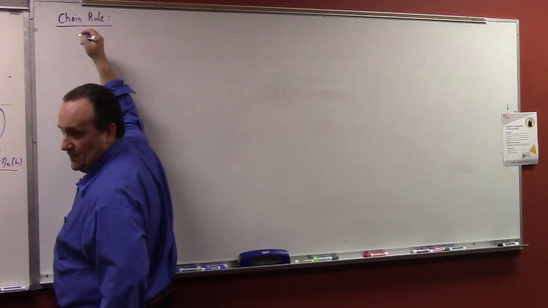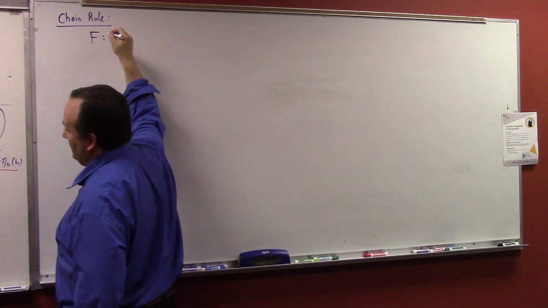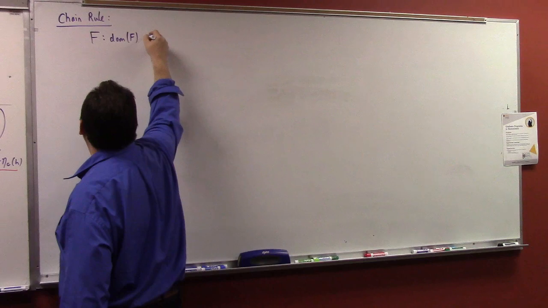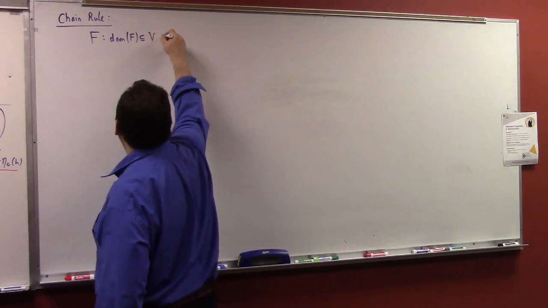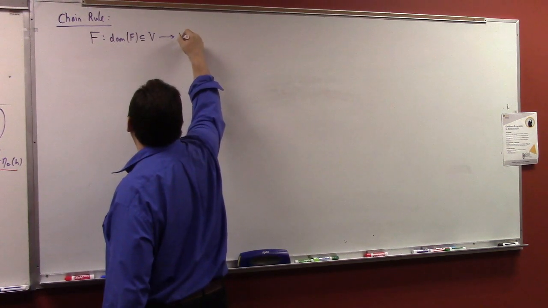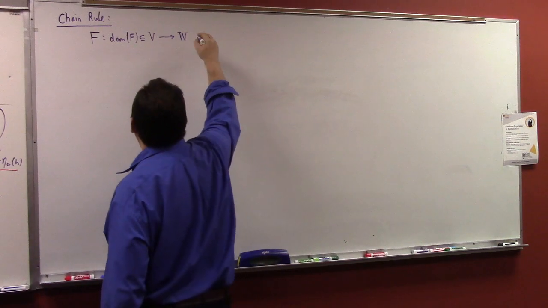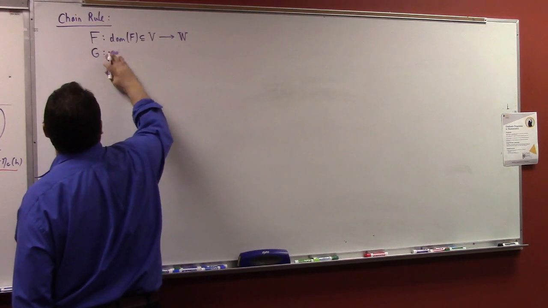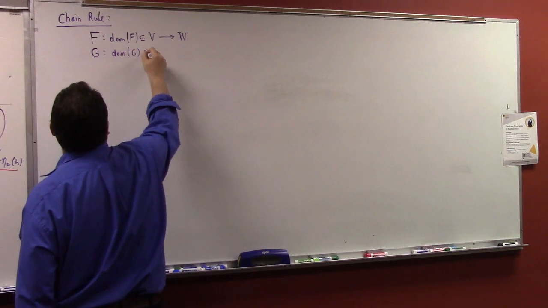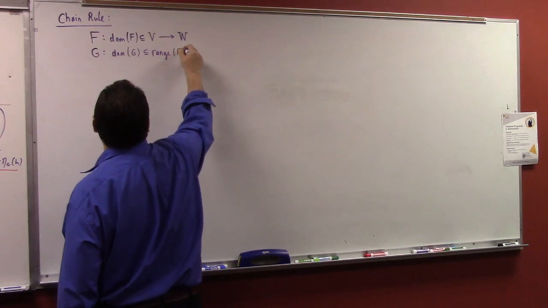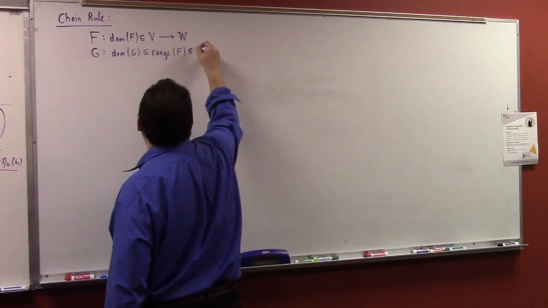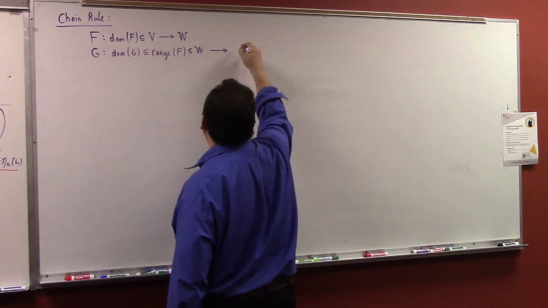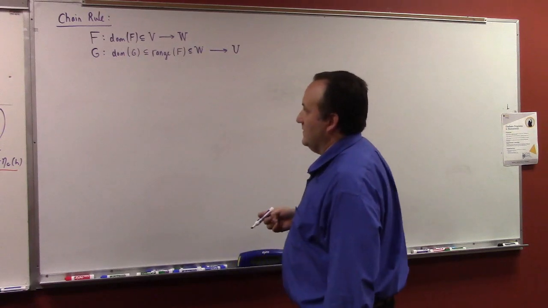Okay, so I want to compose two functions, so I really want to think about f. Just to keep things simple, the domain of f is a subset of V, which goes to, let's say, W. And then g is a mapping from the domain of g, which has to be a subset of the range of f for this to make sense, which of course is a subset of W. Let's make U the target space of g.